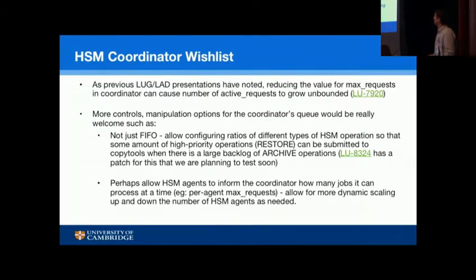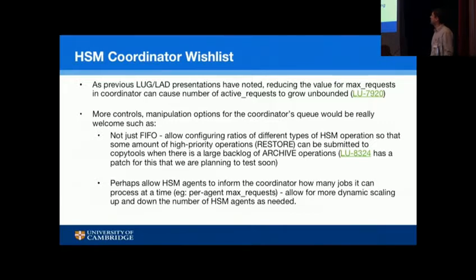this issue of playing around with the value of max requests is something that we're quite interested in. I think it's been mentioned before that if you reduce this value while it's running, it can cause the number of HSM active requests to balloon out of control. But also, with the way that we are using these stateless copy agents, we originally envisaged that we could spin these up and down on demand.